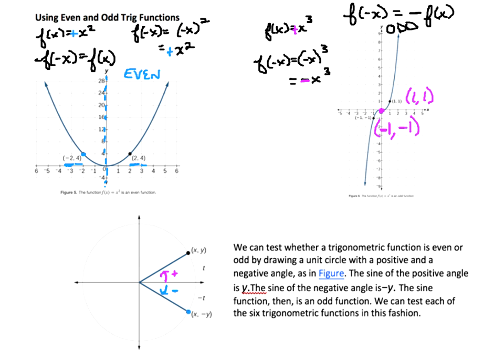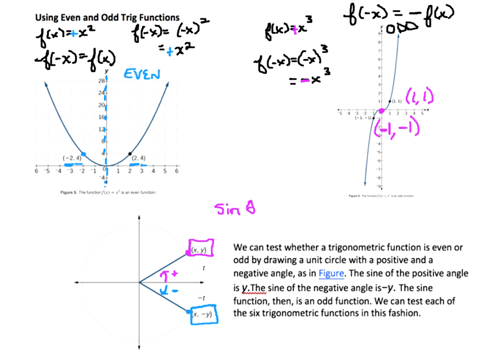Note that when we do so, we have the same x value, and that yields a negative y value there, corresponding to positive x, positive y there. The sine function then is an odd function.